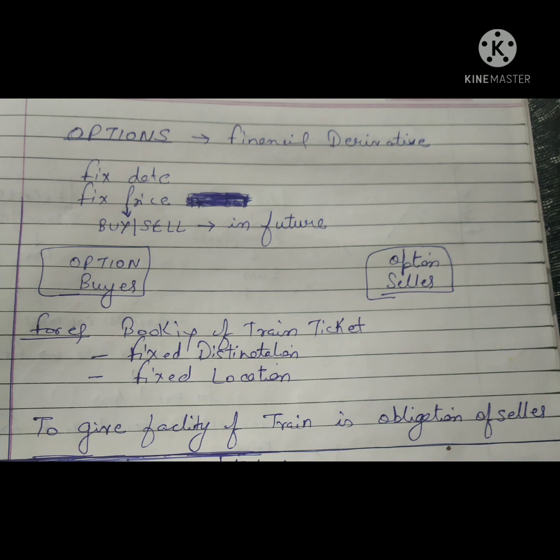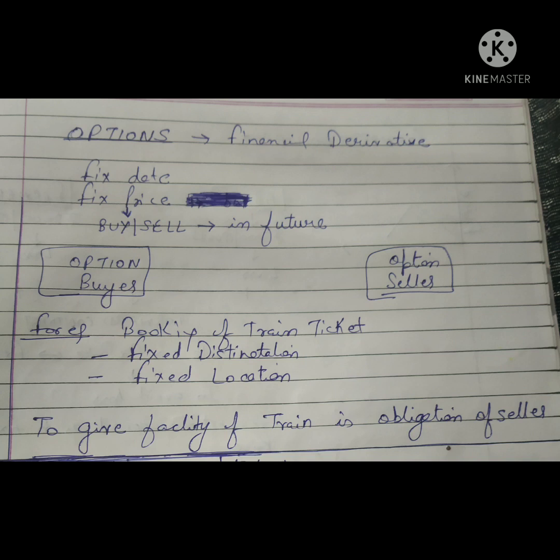For example, he may not want to buy because a metro station or a government project is coming up, and he knows the property's market value would change. And if he really wants to buy, then of course he can. So option contracts are financial derivatives. Here there is a fixed date and a fixed price for the buyer and seller to buy and sell in the future.